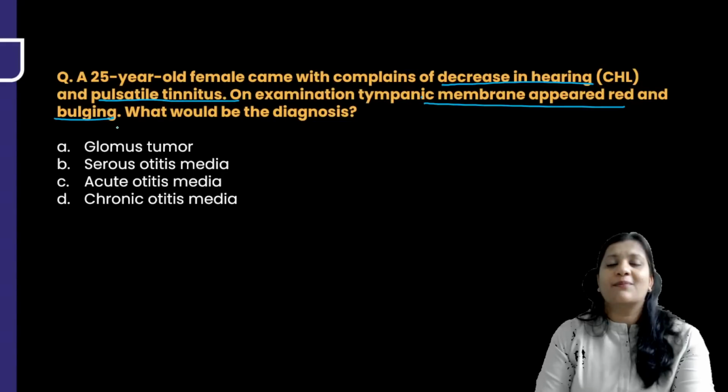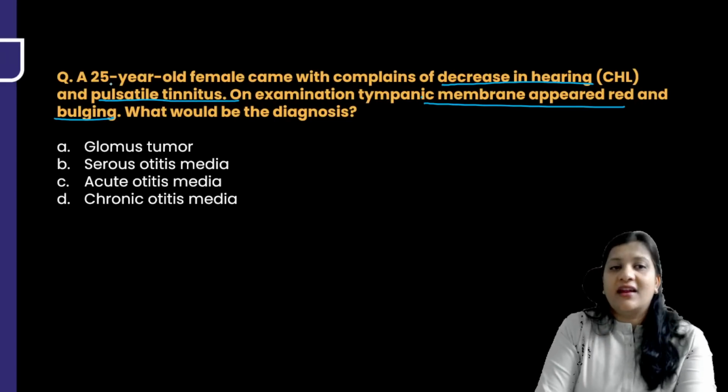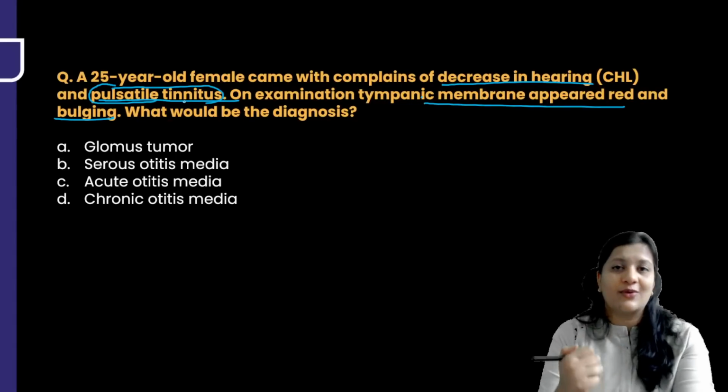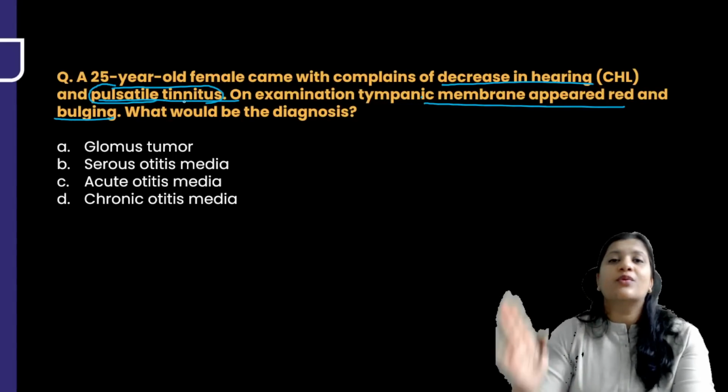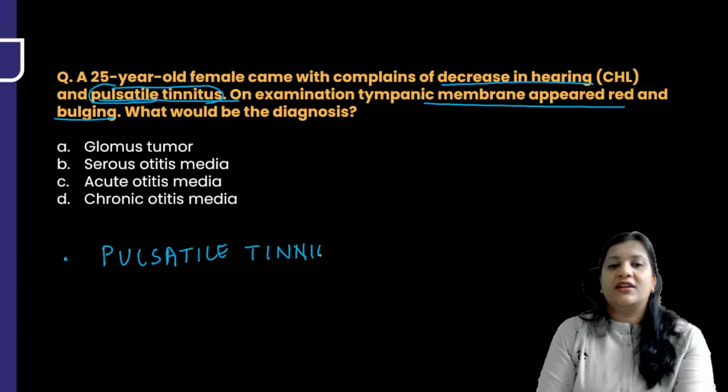Now this is something where you should be able to get to the answer directly on listening to one very important point. Whenever you hear the word pulsatile tinnitus resembling the heartbeat, the lub-dub sound, we always say pulsatile tinnitus is a feature of glomus.